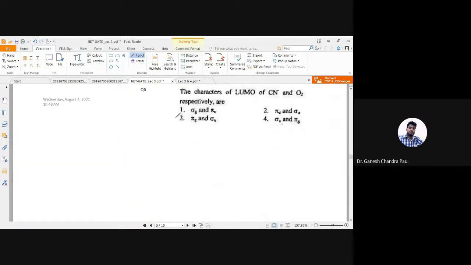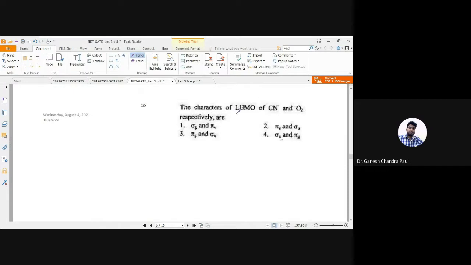Another problem came from molecular orbital theory. The problem is asking that the character of the LUMO of cyanide minus and O2, dioxygen, respectively, are what? So what do you mean by LUMO? Tell me.